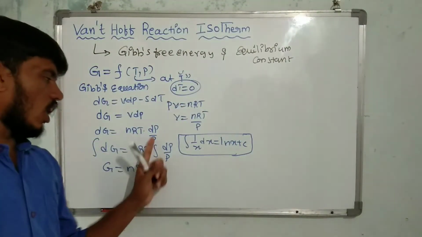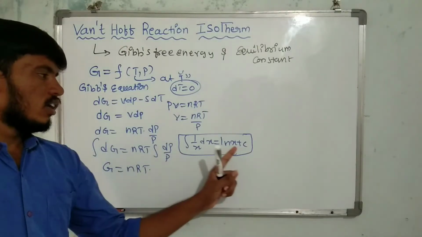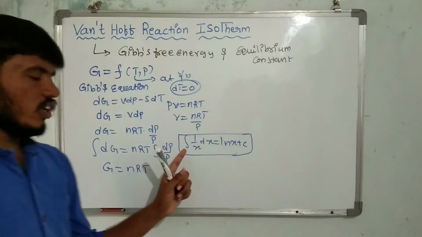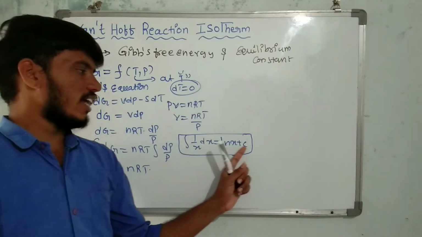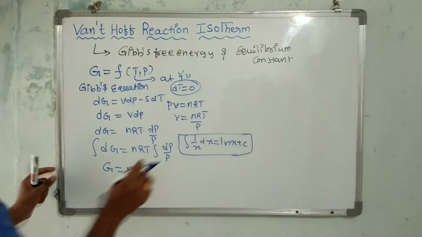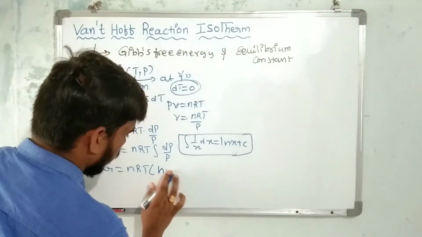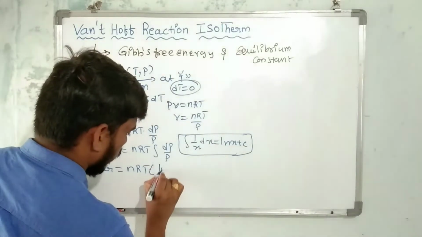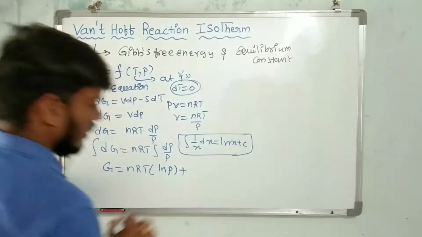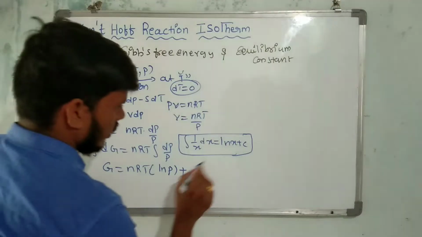There are no limits here, so the constant is present. Therefore the integration of dP by P is equal to ln P plus the integration constant.